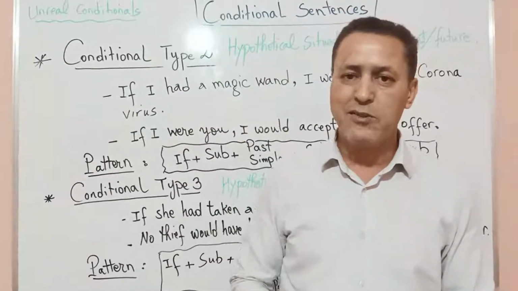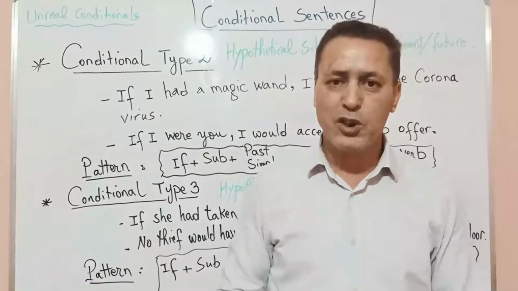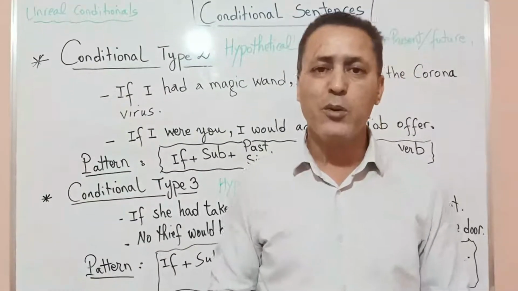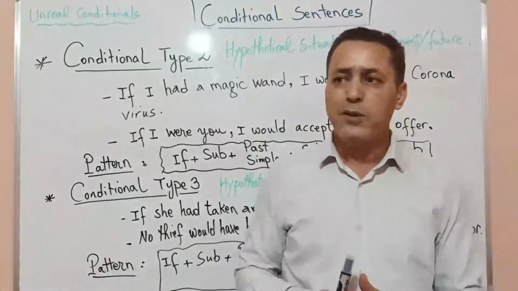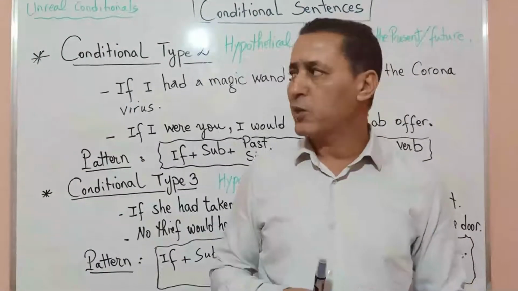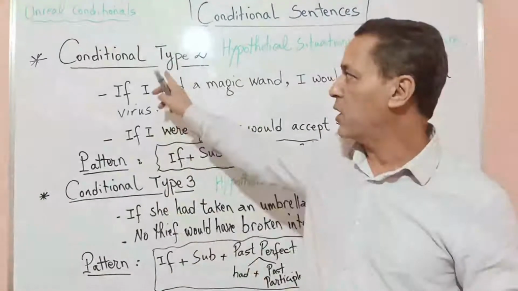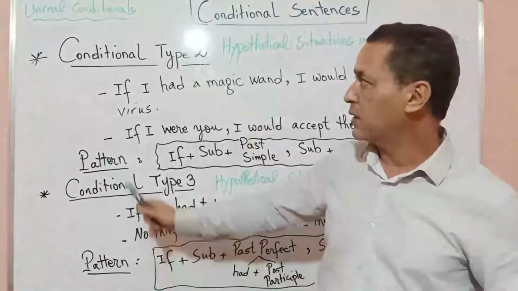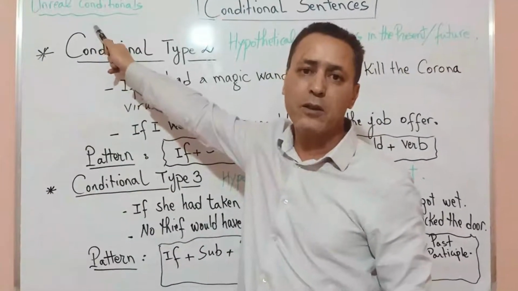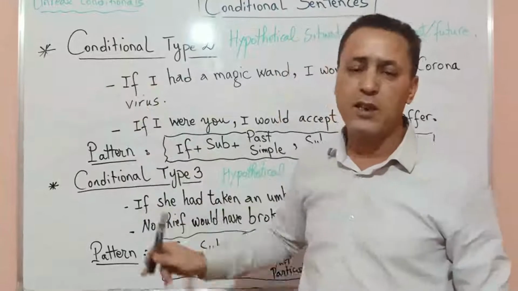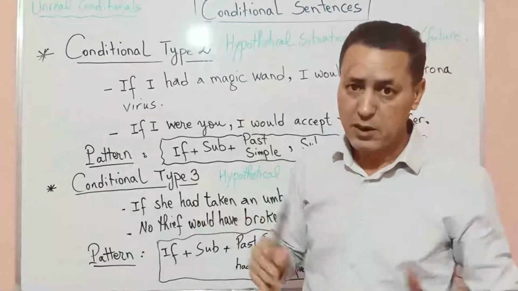Okay, and it's really good to note that these two conditionals, type 0 and type 1, talk about realities, things that are real. Now, to make a difference with the coming two conditionals, it's good to note that these two are the opposite, they are unreal. We are not talking about things that are real, we are talking about things that are imaginary.